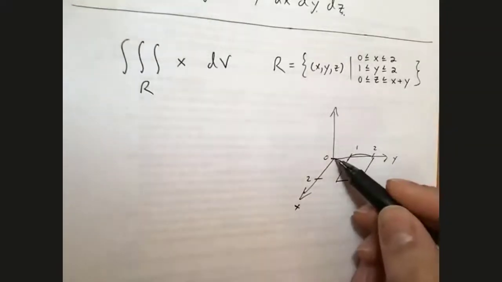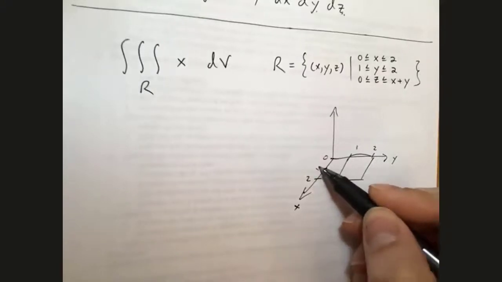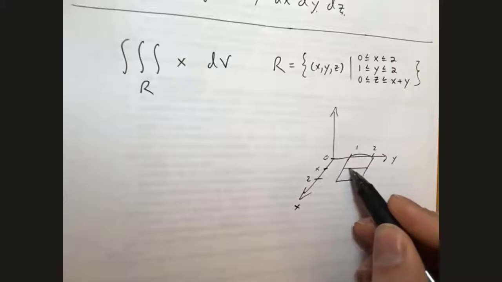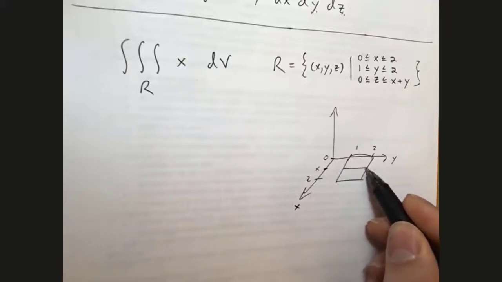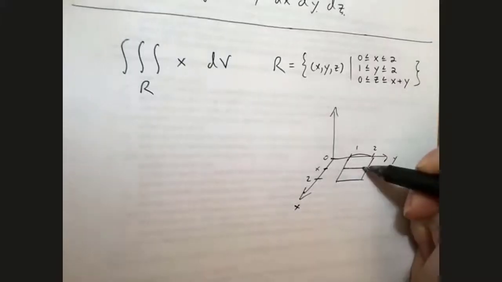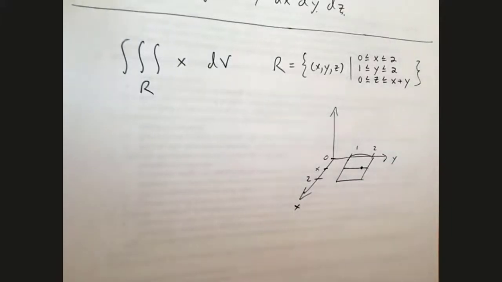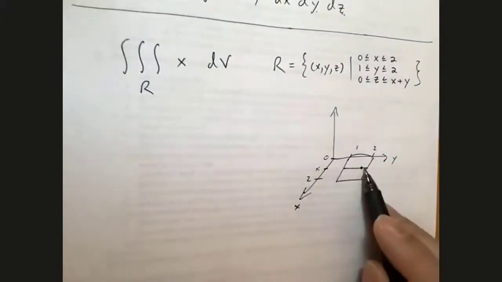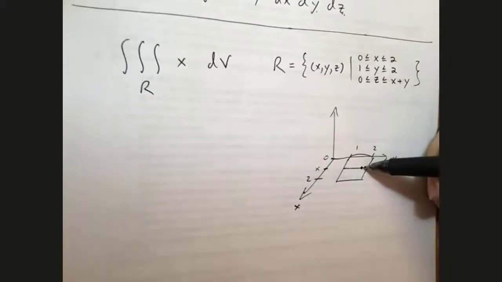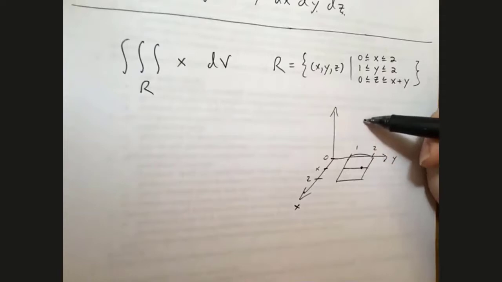If I fix an x, then I can position myself anywhere along this line inside that region by specifying a y. And then I've specified an x and a y. So for each x and y, I can now specify how much my z has to go up.